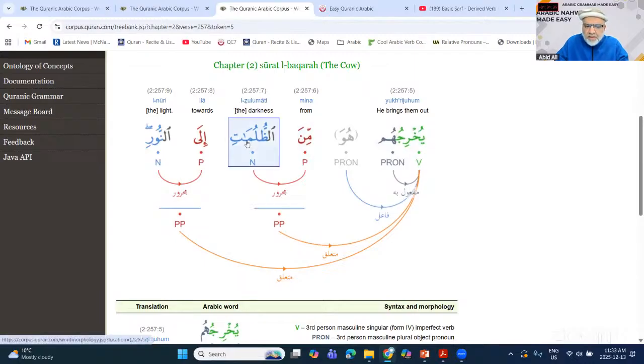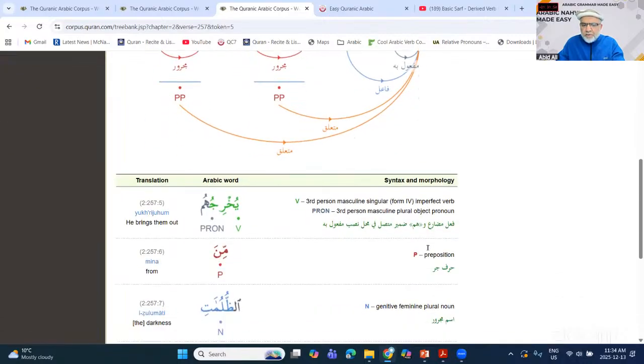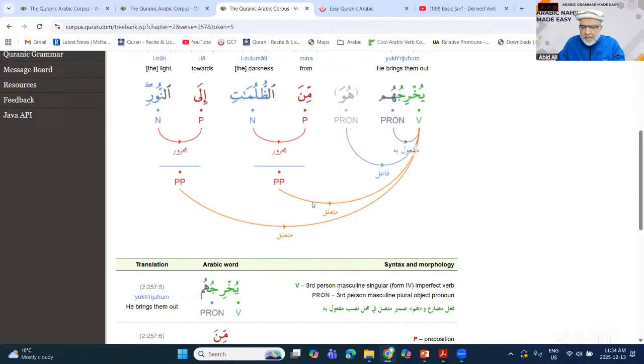Min al-dhulumati, from the darkness, is jar majroor, murakkab jarri. Ila al-nur, again, this ila is harf jar, and al-nur is ism majroor, murakkab jarri. Anytime I have murakkab jarri in my verbal sentence, I know these are muta'alliq. So am I lying to you? Is this saying muta'alliq here? Is it saying muta'alliq too? And this is maf'ul bihi, and the fa'il is huwa.